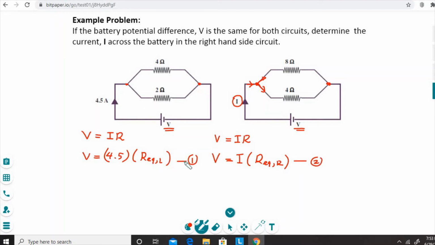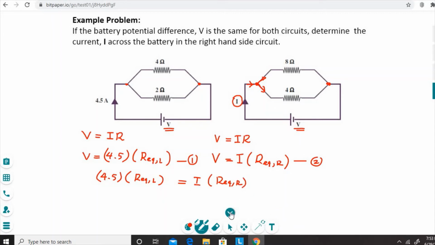The left hand sides of these two equations are equal to one another. So from 1 and 2 I can write 4.5 times R equivalent left equals current I, the current through the battery on the right hand side circuit, times R equivalent right.